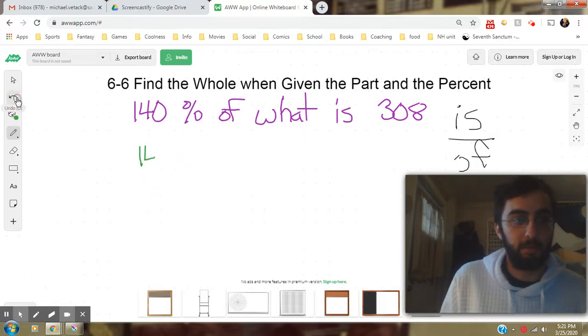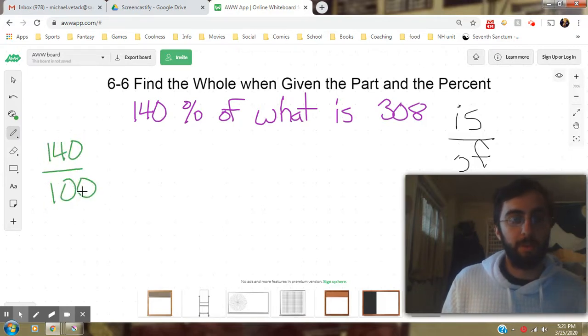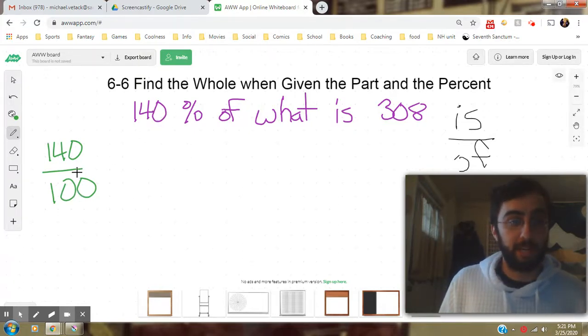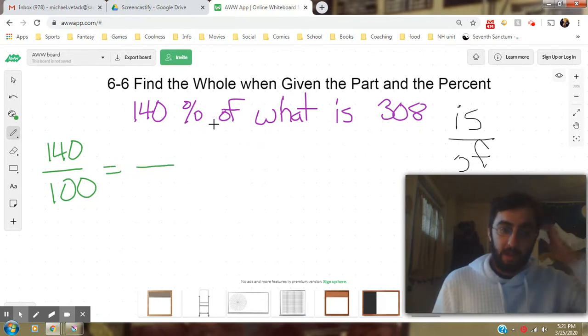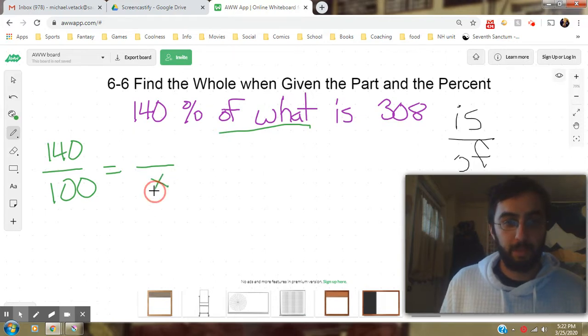I keep running out of room. I may as well write it way over here. So 140 over 100 is 140% as a fraction. And now I need to figure out what I'm doing with this side. So of what? I don't know the of, I don't know the total, but I do know the part is 308.